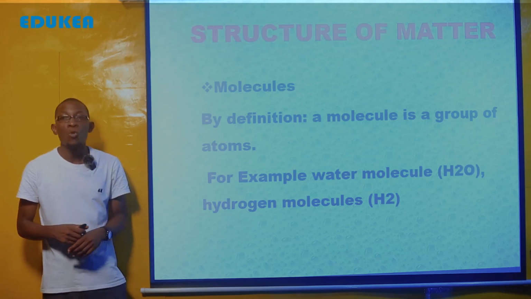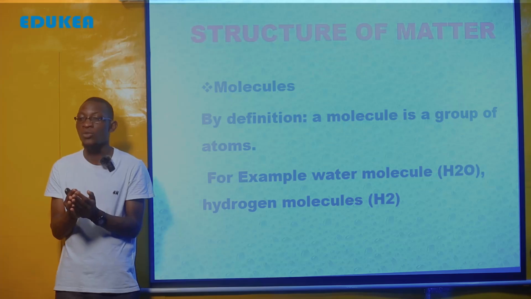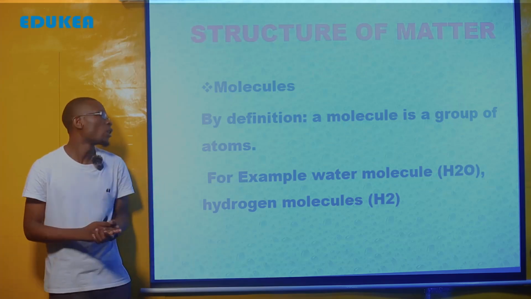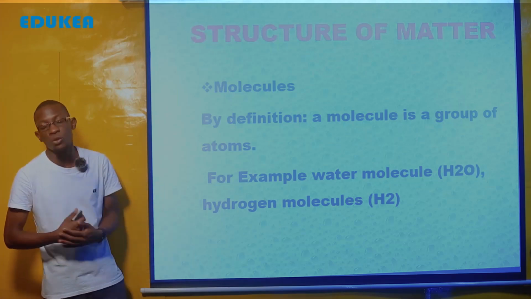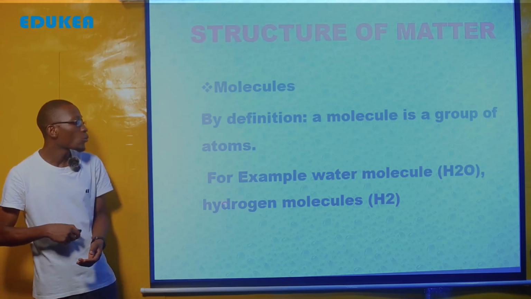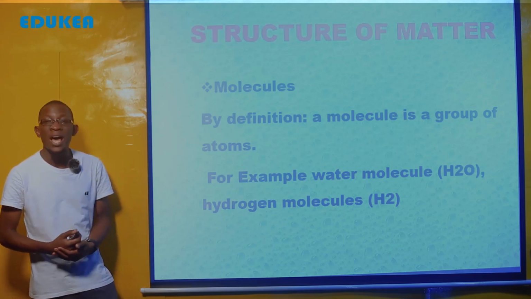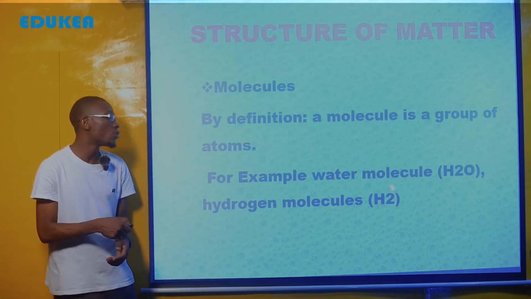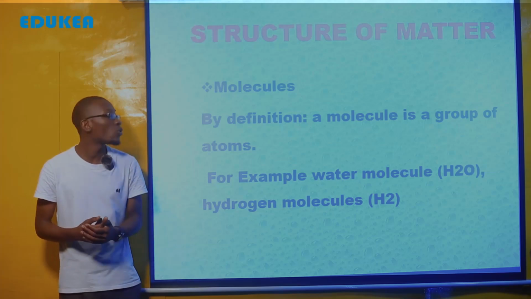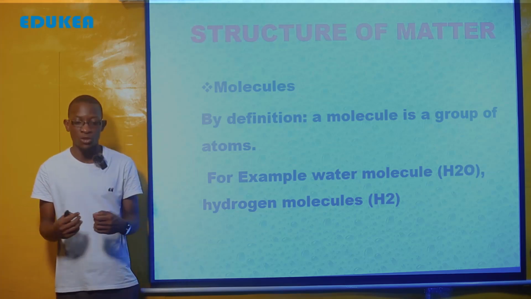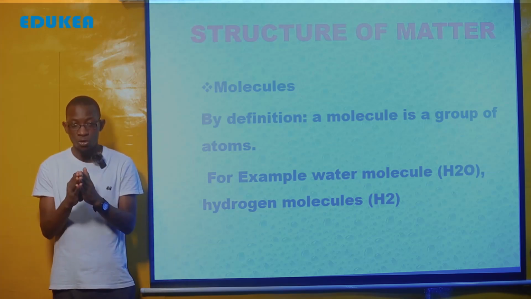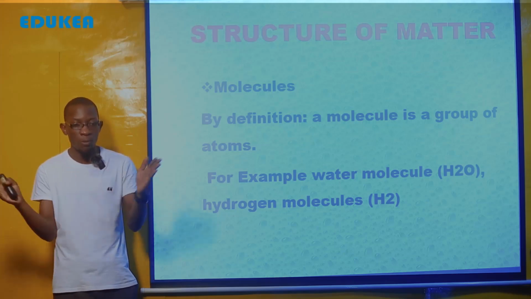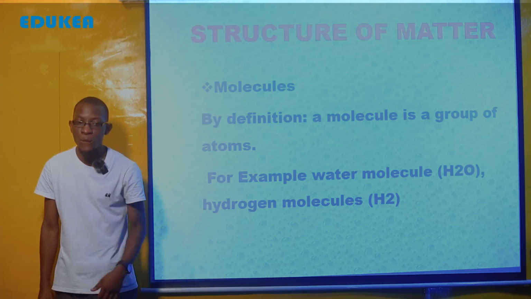Once we take two or more atoms and combine them together, we get what we call molecules. Hydrogen molecules, hydrogen gas, these are molecules. Tukiunganisha atoms 2, 3, 4 kwa pamoja, hiyo tunaita molecule.